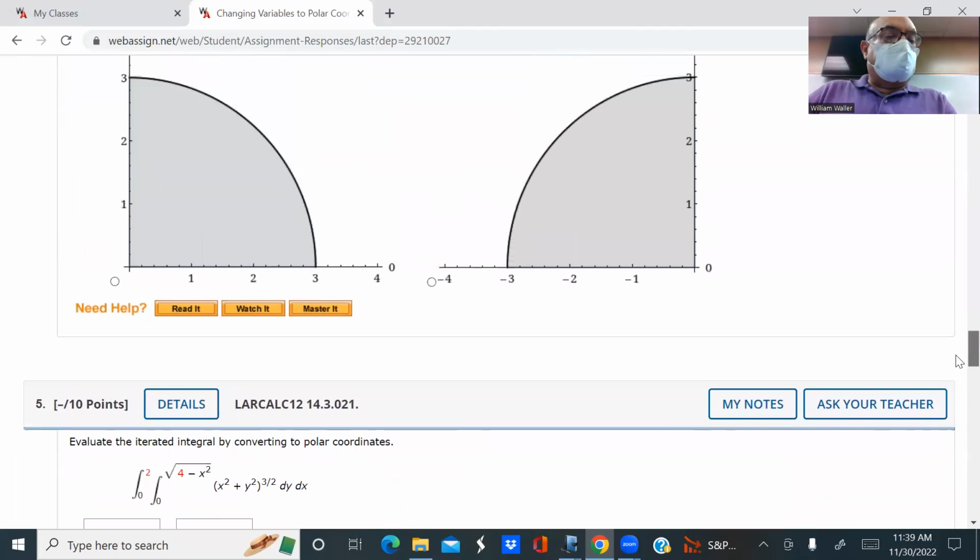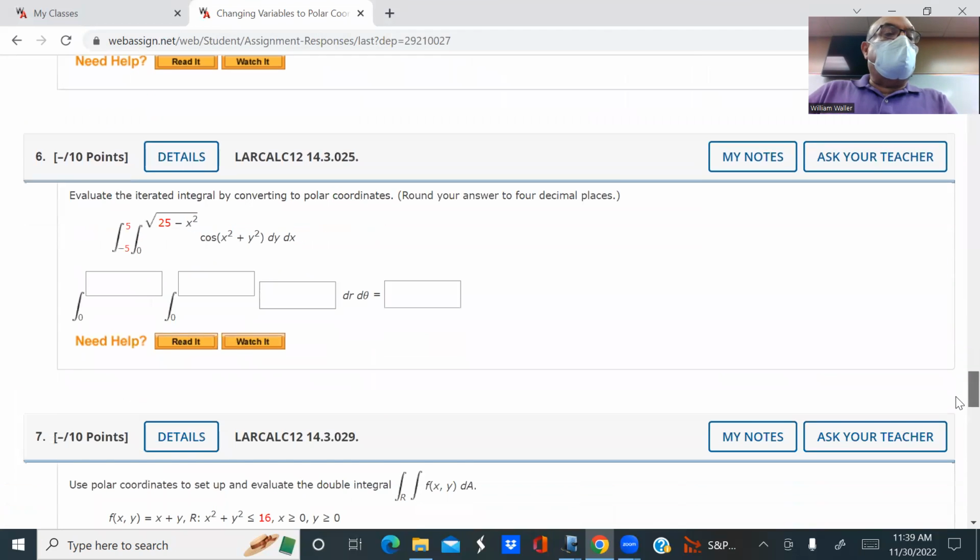Let's look at problem number 6 here, I think. Okay. So this is a straightforward problem in polar integration, just a vanilla problem for this homework, or what you might see on the test. So it says evaluate this integral. Notice that is given to you in rectangular coordinates, right?